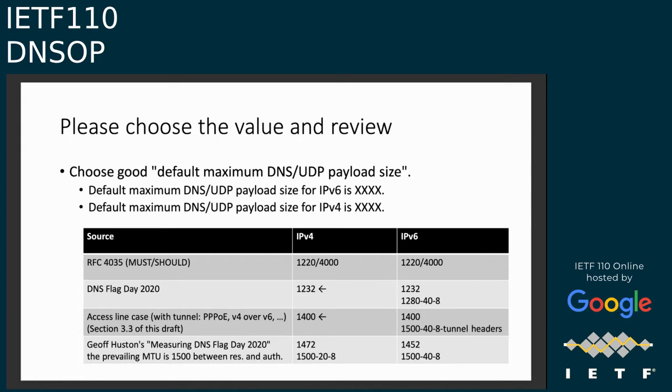And in many access line cases, 1400 may be a good value. And Geoff Huston's measuring DNS flag day 2020 proposed 1472 for IP version 4 and 1452 for IP version 6. Please choose a good value and please review. That's all. Please comment.